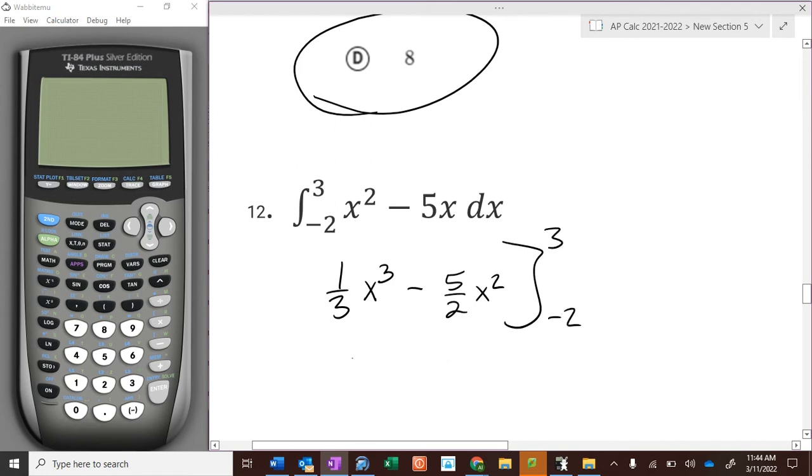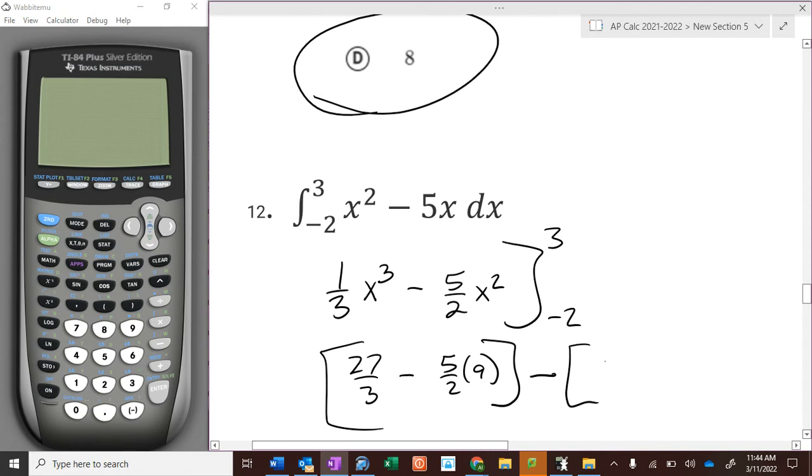So it's 27/3 minus 5/2 times 9, minus -8/3 minus 5/2 times 4.